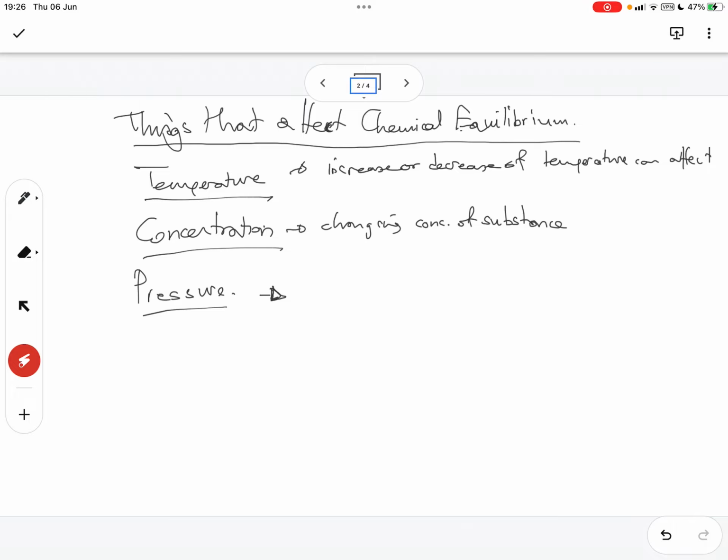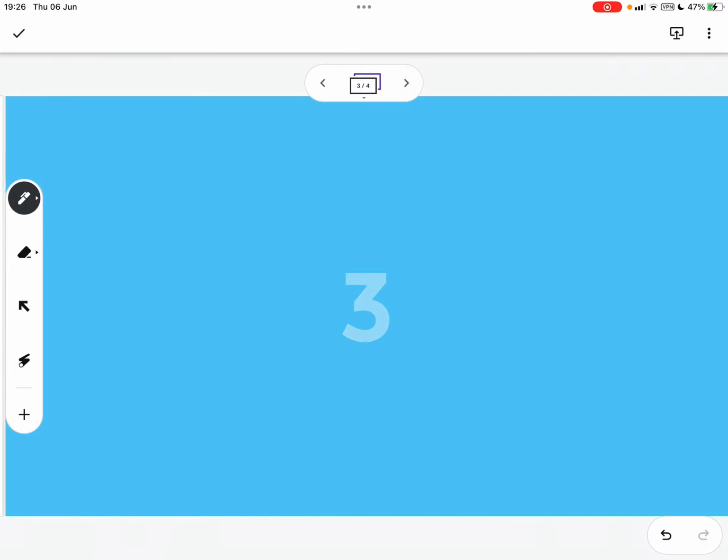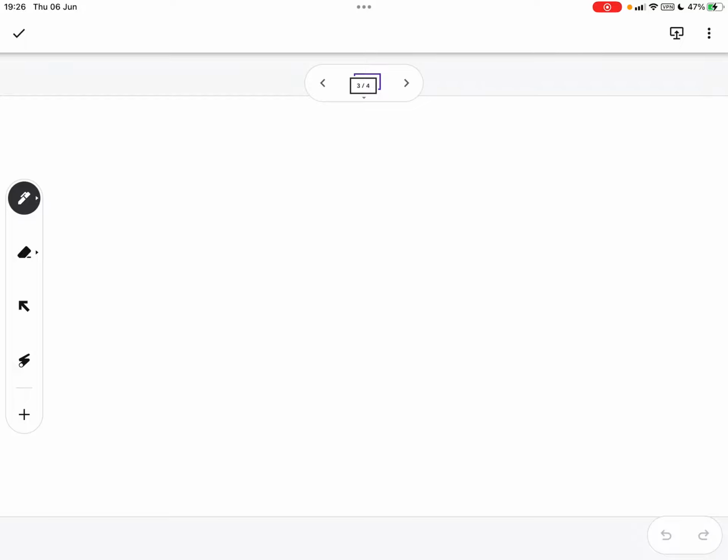It could be the volume or concentration of something changes, or the number of moles of one of the two, the reactants or products.